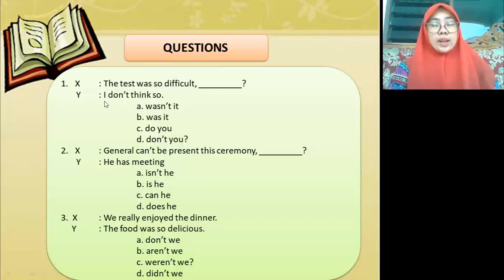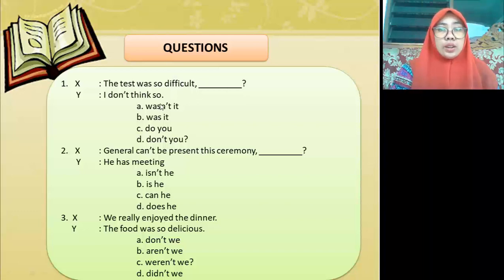And then Y answered, I don't think so. Okay, let's see. Here use was. Was here is a kind of to be in past tense. So for the answer, you must look at the sentence first. Is the sentence negative or positive? Was without not, so it is positive. So the question tag must be the negative one.